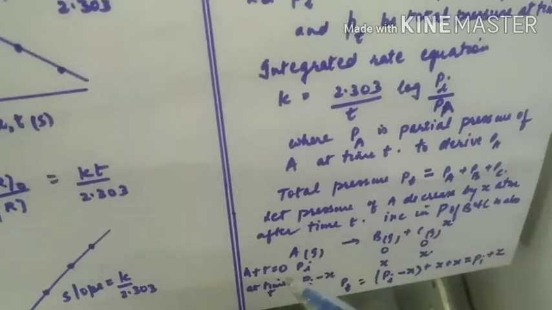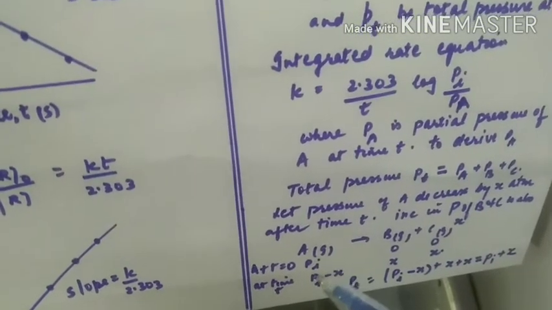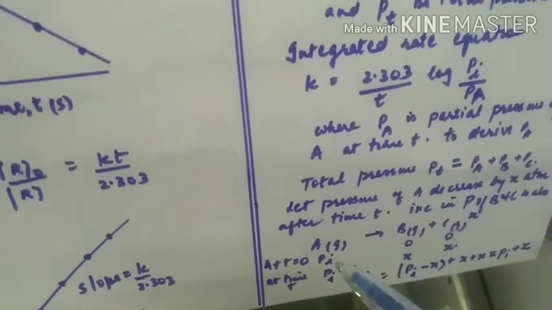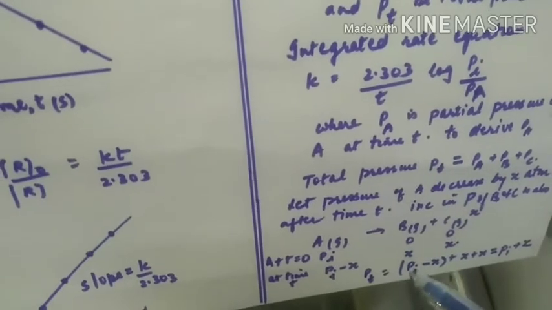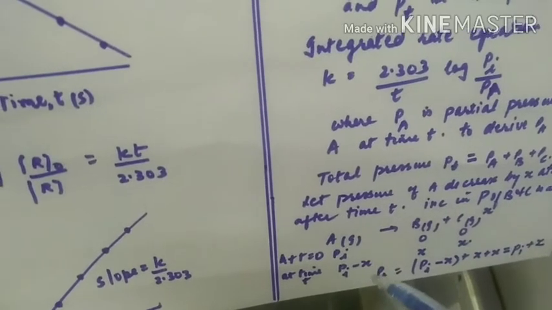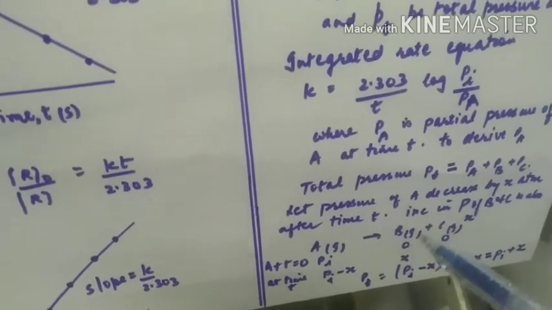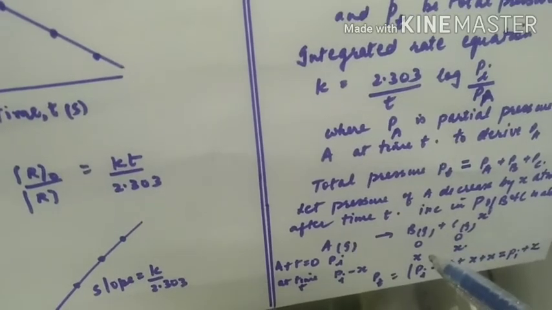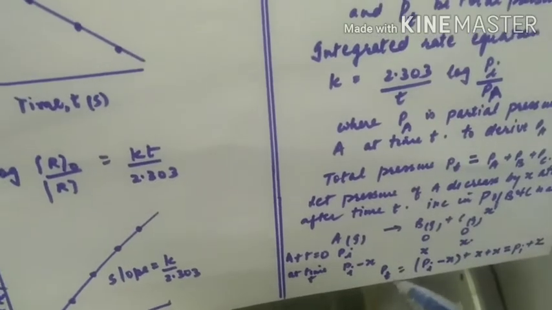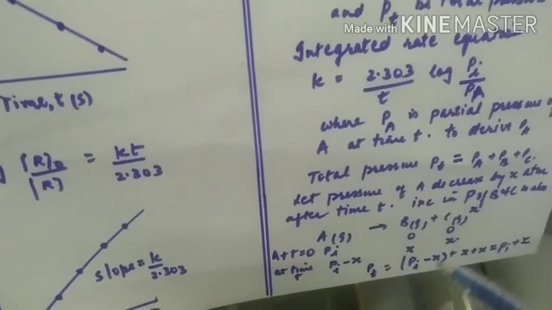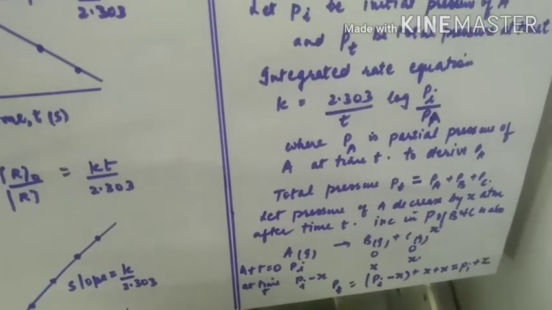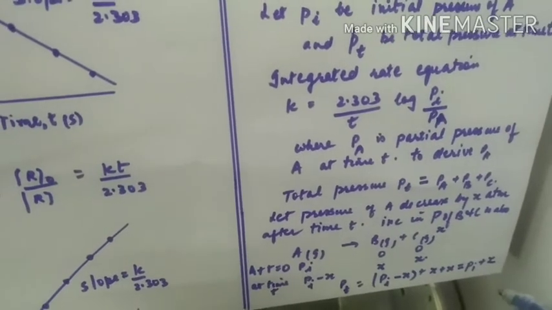At time t equal to 0, there is only A, Pi, and no products B and C. But at time t, because x atmosphere has converted to products, the pressure of A will decrease from Pi to Pi minus x. And x atmosphere of B and x atmosphere of C will add to the pressure. So the total pressure will be A plus B plus C, that is Pi minus x plus x plus x, equal to Pi plus x.